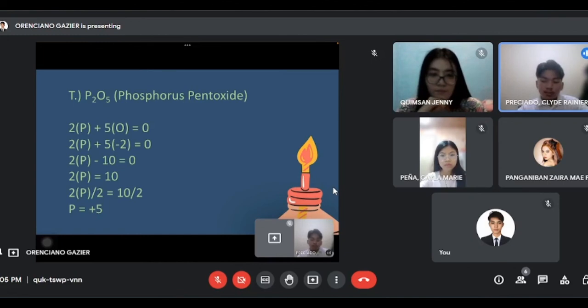Next is we're going to write down again 2 atoms times phosphorus and 5 times negative 2 will give us negative 10 is equals to 0. Lastly, 2 atoms of phosphorus divided by 2 plus positive 10 divided by 2 is equals to 0 and will give us positive 5. So phosphorus will have positive 5 charge.